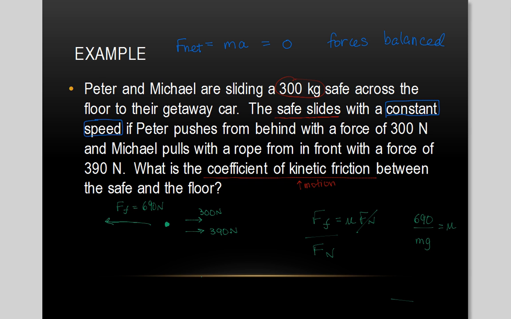So you can solve for mu that way. 690 divided by 400 divided by 9.81. It's a coefficient of friction similar to the one we got in the lab the other day, 0.23. Is that 3 sig digs? 2, 3, 4. Kind of messy.